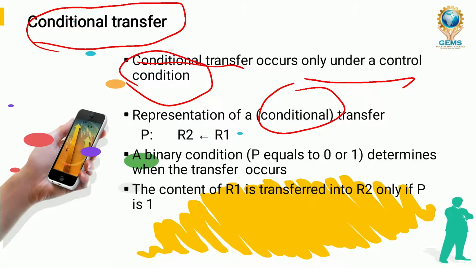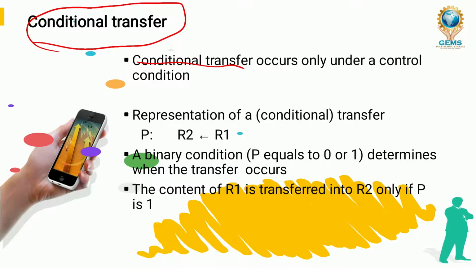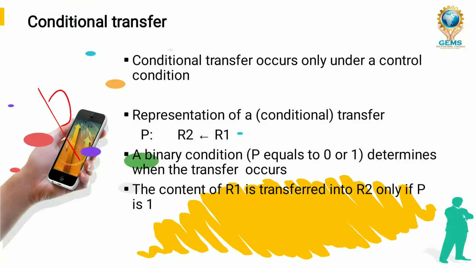When this condition is satisfied, some particular thing happens. What is that? When P equal to 1, the data transfers R1 to R2. Observe carefully: when P equal 1, then data transfers R1 to R2.